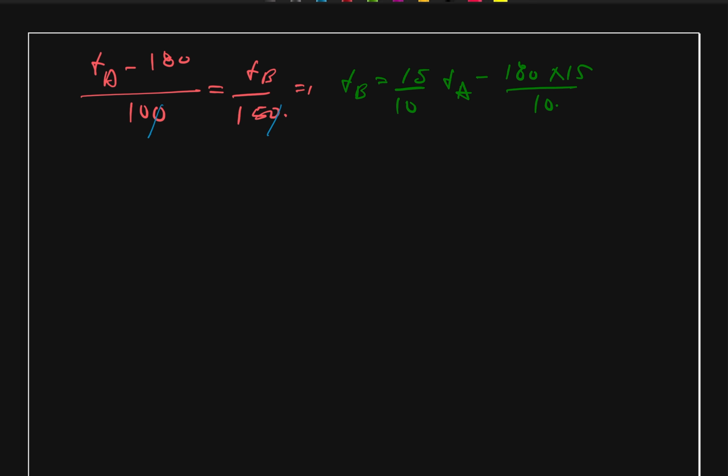Therefore we get that our TB is equal to 2 by 3 times TA minus 270.